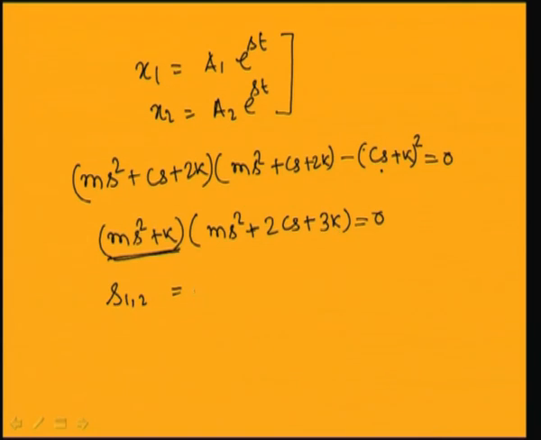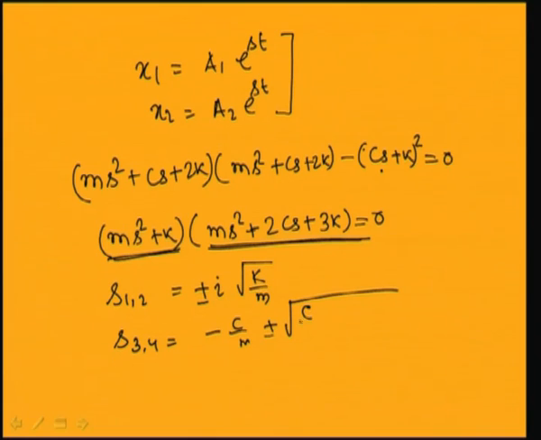S12 you can find will be equal to plus minus i root over k by m, and S34 will be equal to minus c by m plus minus root over (c by m) whole square minus 3 k m.